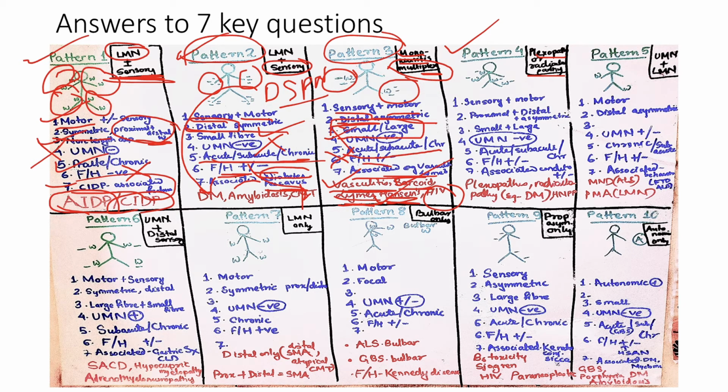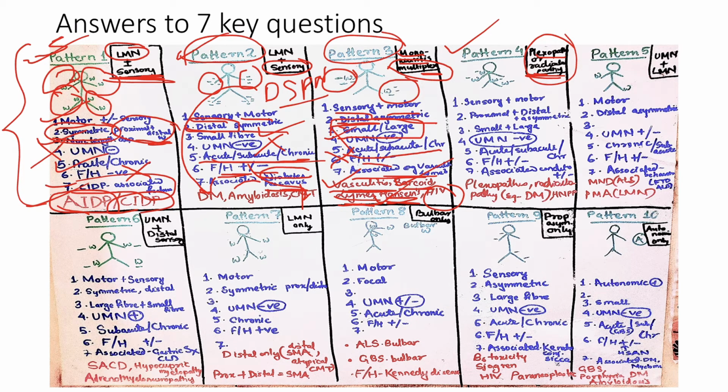Now you may ask me, what's the difference between this and pattern 1? Because definitely here also we have involvement of the radicles. The basic difference is that pattern 1 is a symmetric weakness, because there the pathology is demyelination, but here the pathology is a bit different.